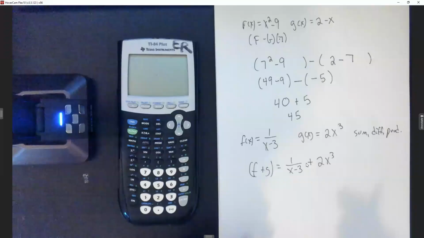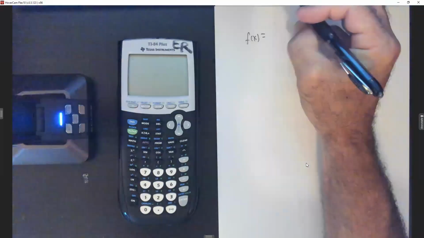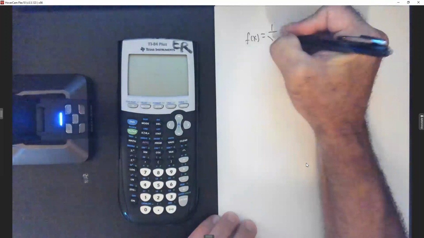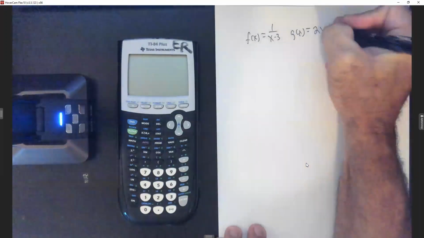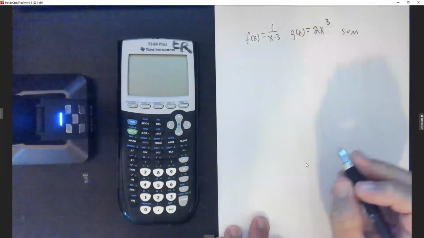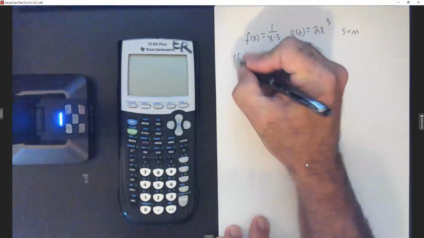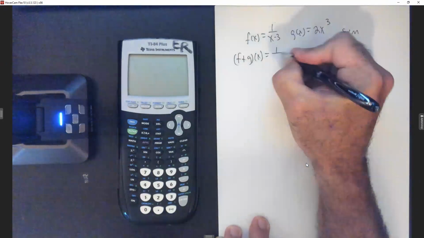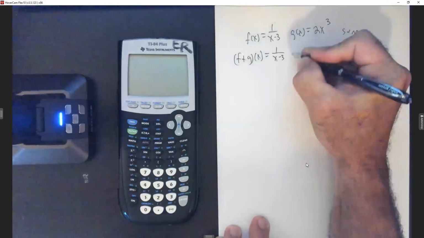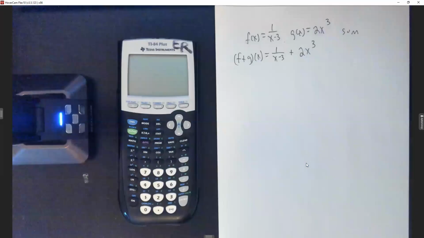All right, so let me do this again. f of x is 1 over x minus 3, and g of x, y'all, was 2x to the third. So I'm going to do the sum first. f plus g of x, if I was adding that, would be 1 over x minus 3 plus 2x to the third. So, y'all, here's a question.